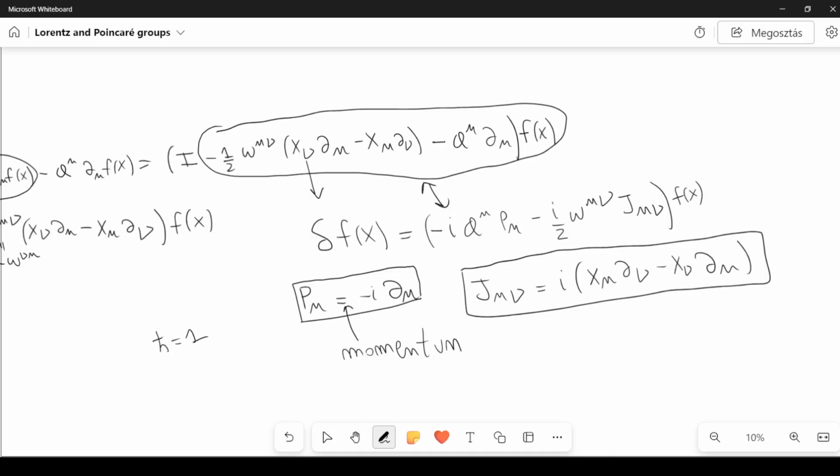When we quantize a theory, we promote momentum to an operator, and we set the momentum vector equal to minus I times the gradient. And if we quantize angular momentum, we indeed obtain something like this.